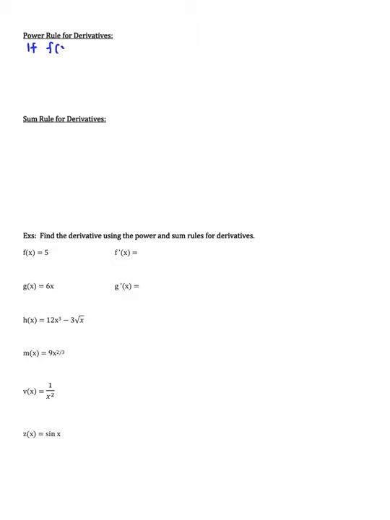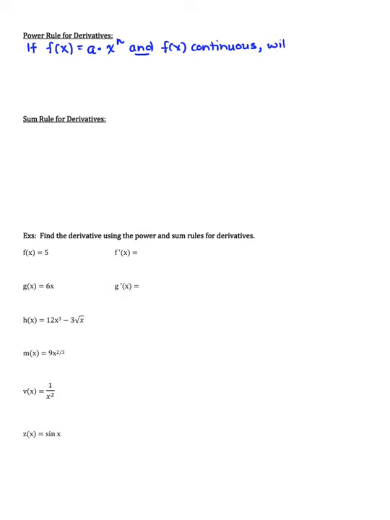So if I have a function, if f of x equals, let's say you have a scalar multiple coefficient a, and it's a power function, x to the n. And now this is important: f of x has to be continuous wherever you're finding the derivative. You can't find the derivative at a point that does not exist, but it also has to be a smooth curve.